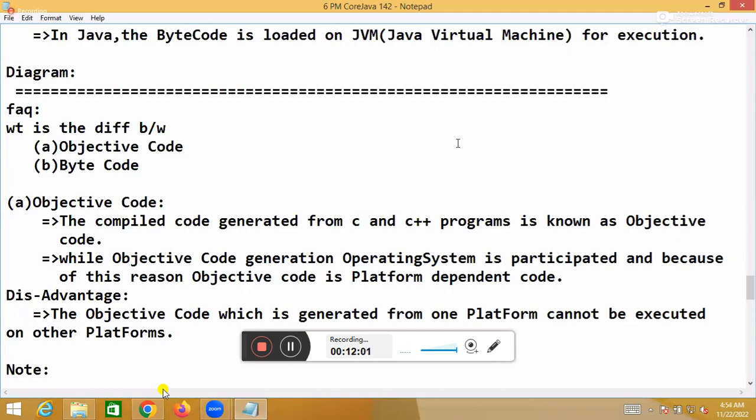Program definition, how to save the program, that information. Program has two stages: compilation, execution, and after compilation successful, objective code, bytecode. What is the difference between objective code, bytecode? What is platform dependent? What is platform independent? These are the content you learned from your day one.